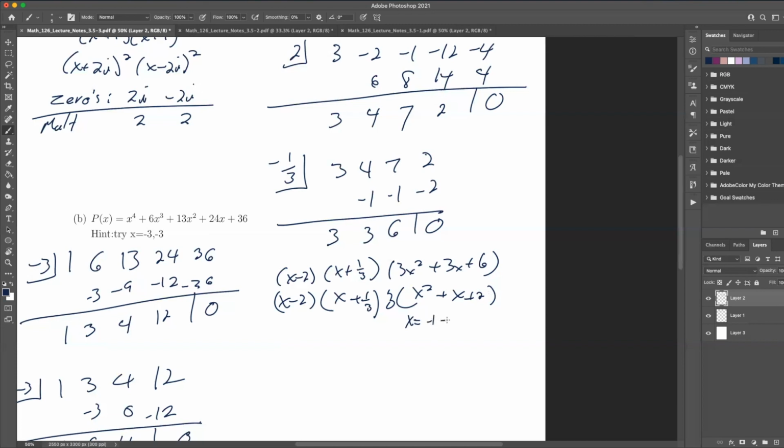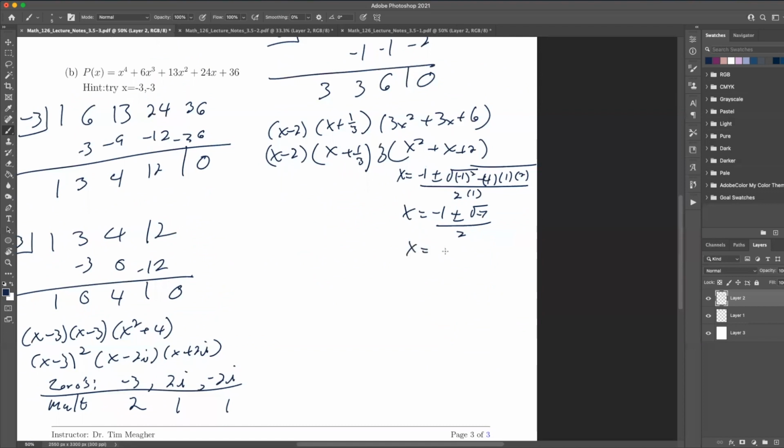So this is -1 plus or minus the square root of -1 squared minus 4ac, which is 2, all over 2a, which is 1. This simplifies out to be -1 plus or minus the square root of -7 over 2.